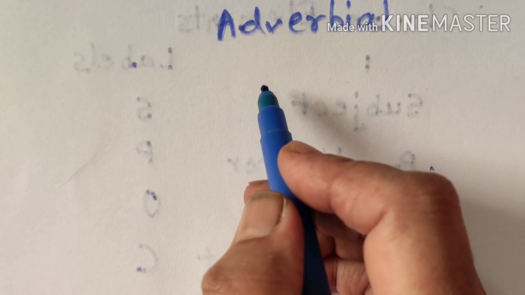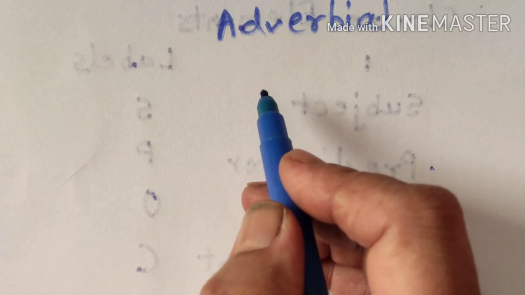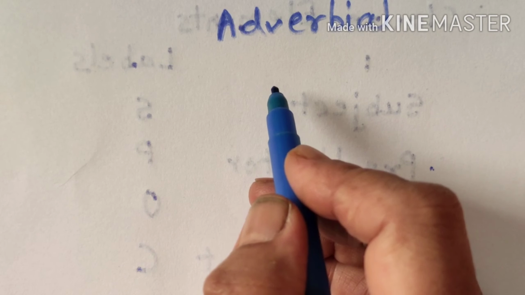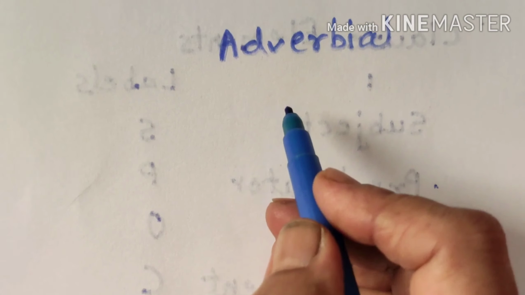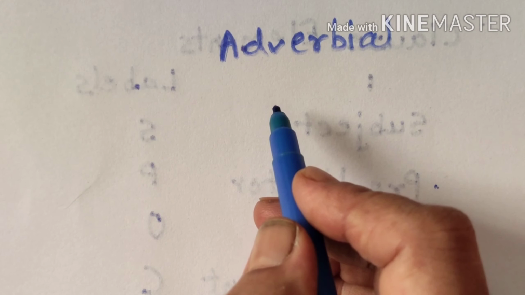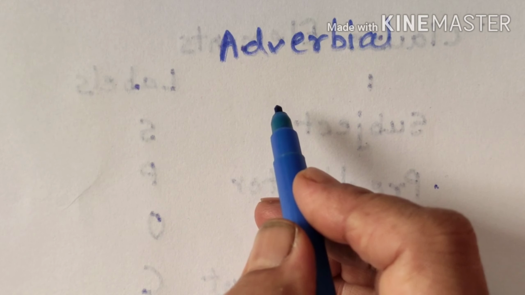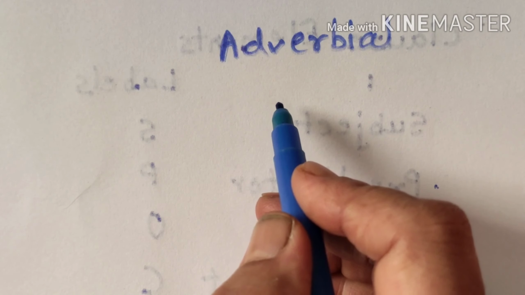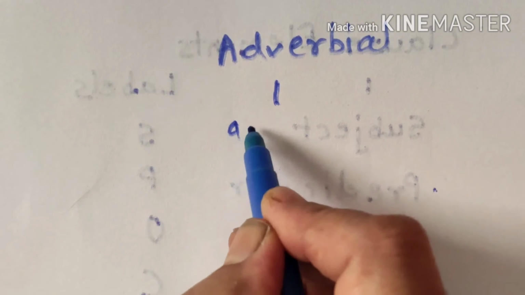That information ranges from time, place, location, direction, duration, frequency, agency, reason, condition, degree, etc. So, adverbials are the words which give us extra information about the action or maybe about the attitude of the speaker, which is expressed in the sentence.